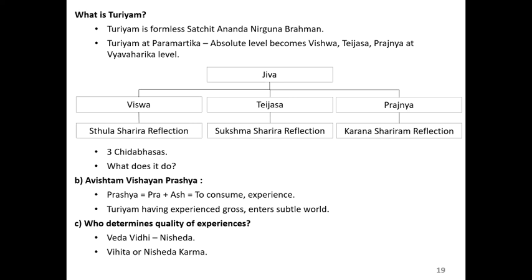All these words are technical words. Sat means it is always existing. Trikale api tishtati. It existed in the past, it is existing now, it will exist in the future. There is nothing else in the world which is existing all the time. So at no point of time can you say, I did not exist.